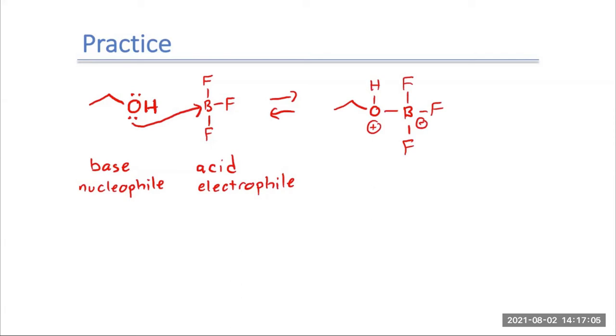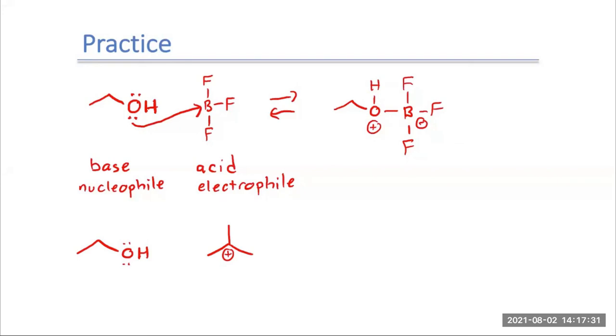Let's try one more. Here we have our ethanol and our tert-butyl cation. Try and figure out which one's the base, which one's the acid. Figure out the products.